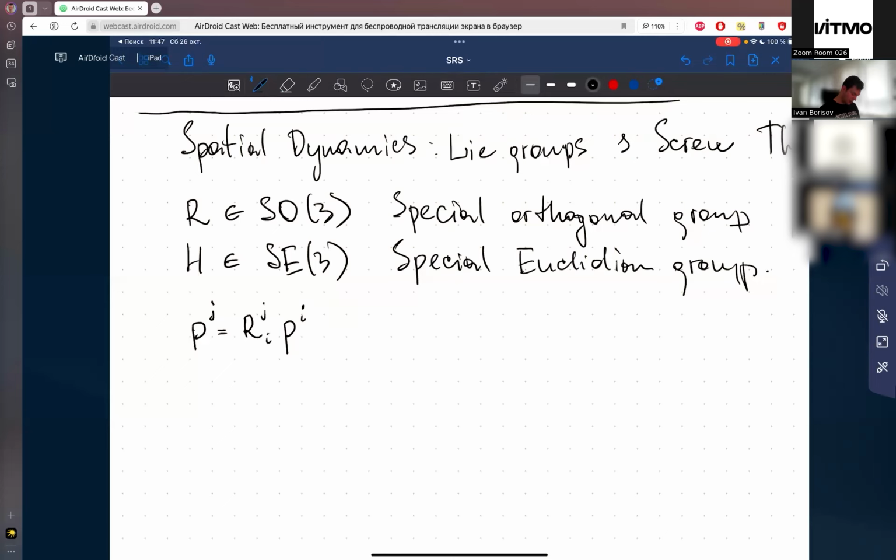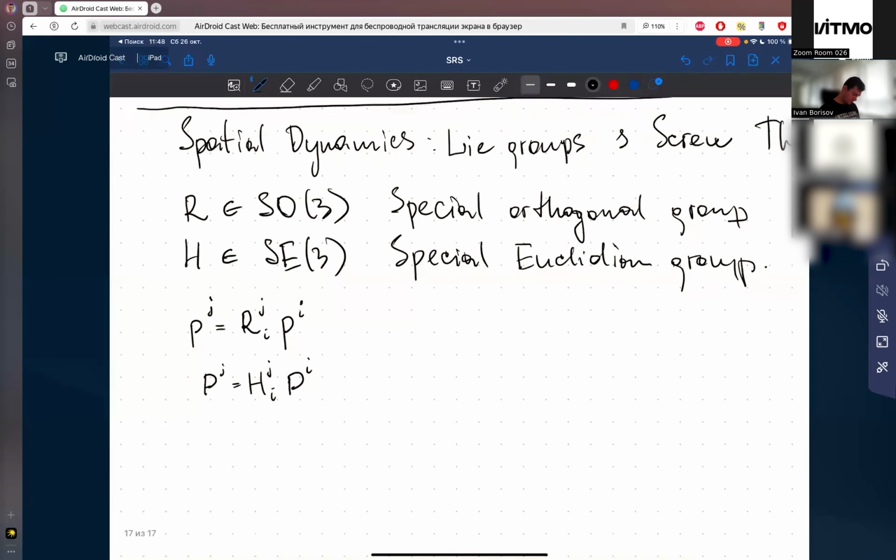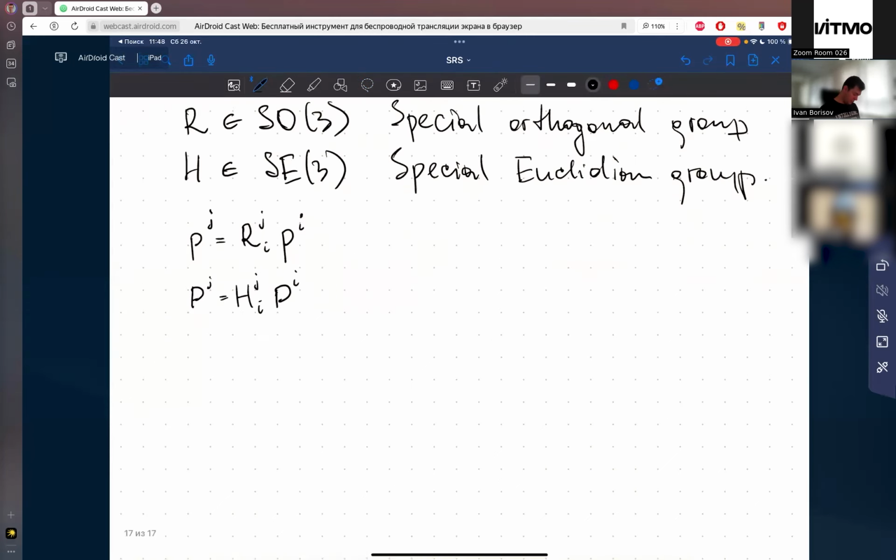But if we want to consider the general motion, in this case, you need to use H. And here you can see that this p is small, and here P is a capital.